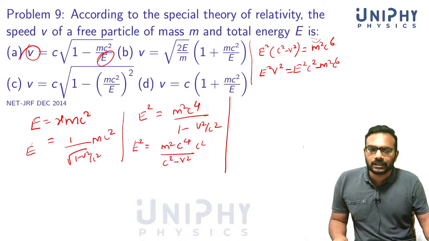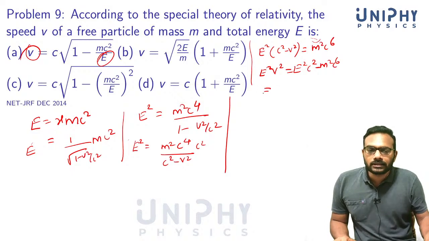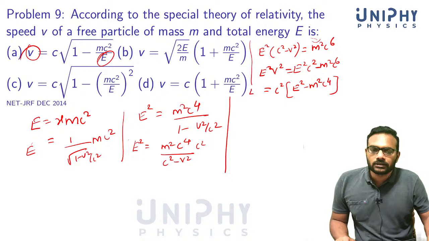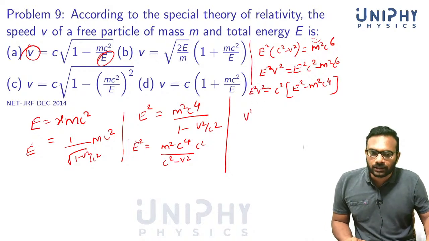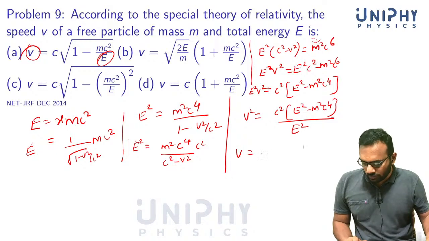You just rearrange this. You can pull the c square outside, so that is c square into E square minus m square c raised to 4. This is your E square v square. So from here you see that v square is equal to c square times E square minus m square c raised to 4, divided by E square.